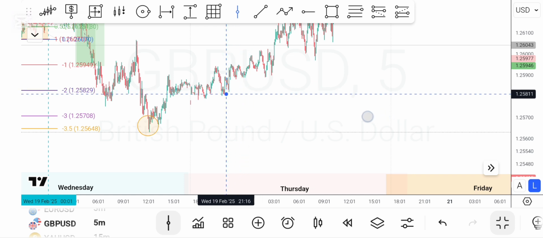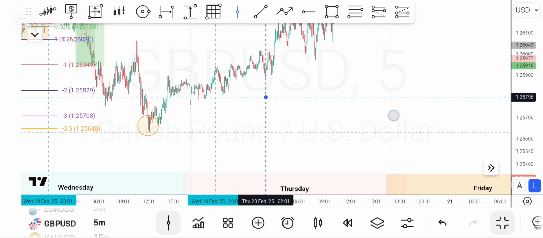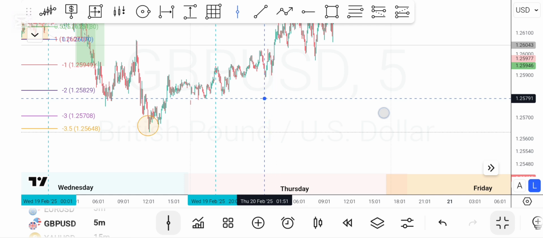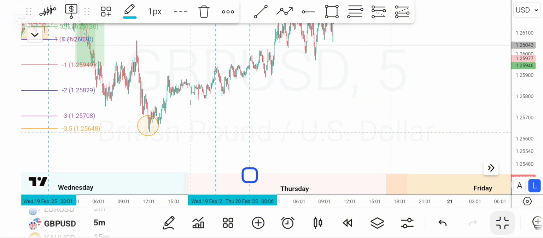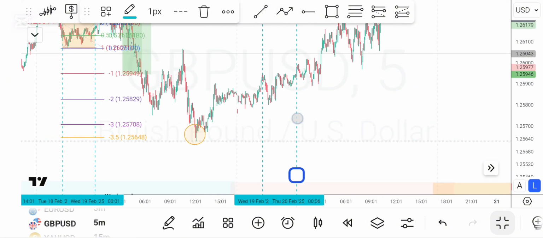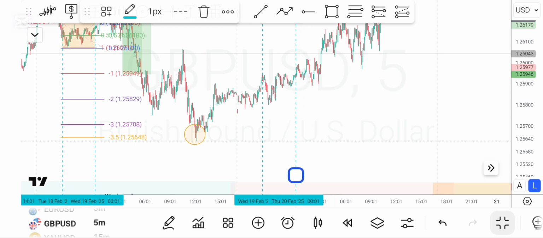Now we are going to do the same thing here again. We are going to pay attention to 8 p.m. to midnight New York time, and we are going to look at the range, what happened there, and we are going to pay attention to the midnight opening price and how price treated that level. So let me just do this. Actually, it should be like so.